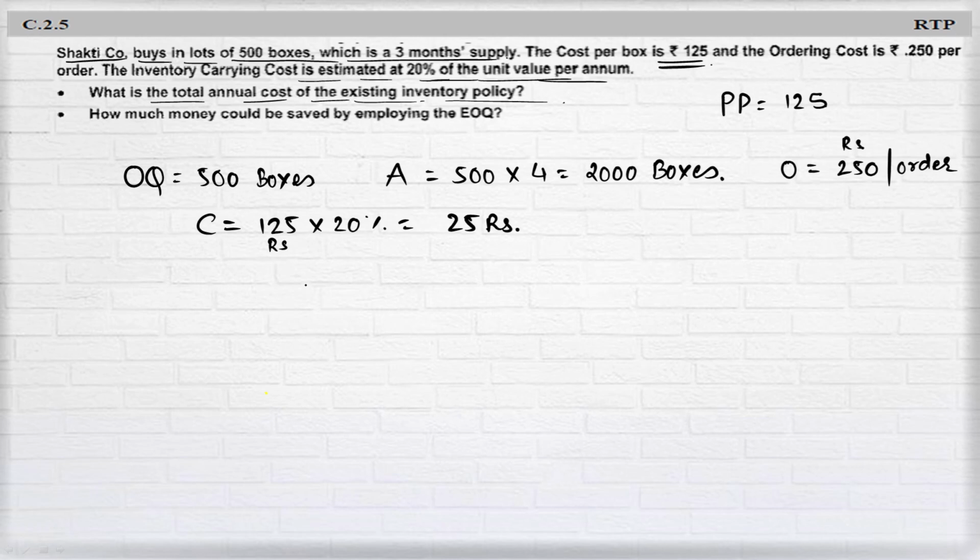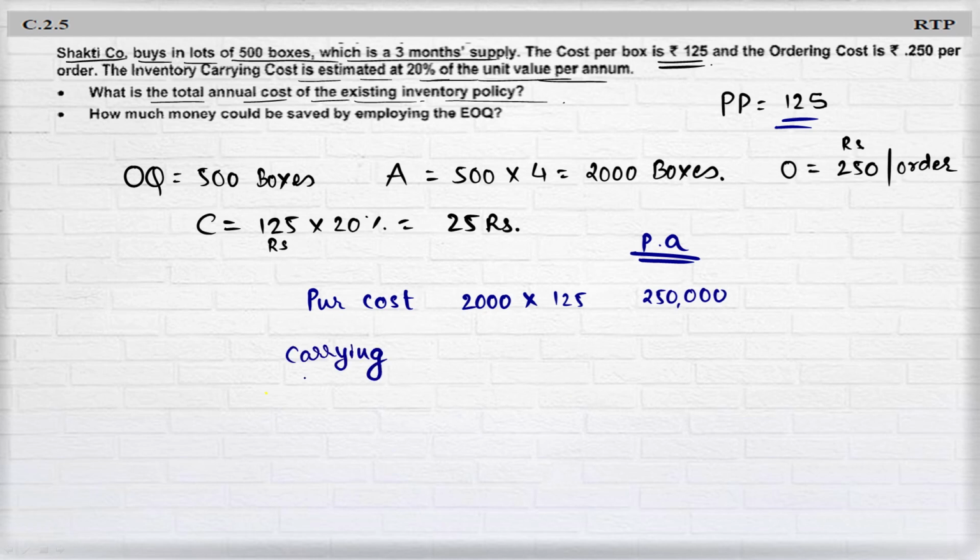What are the three costs associated? Purchase cost. How many boxes will you be purchasing per annum? Everything should be per annum. 2000 multiplied by the cost, 125. It will be 2,50,000 rupees. Other cost?